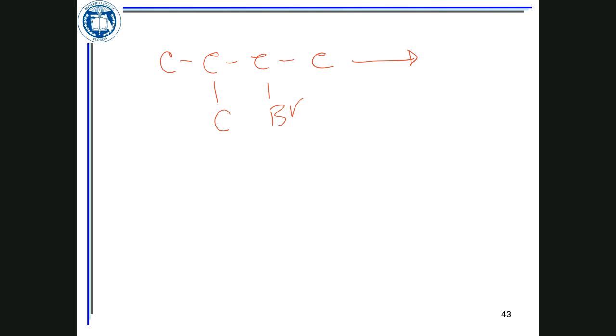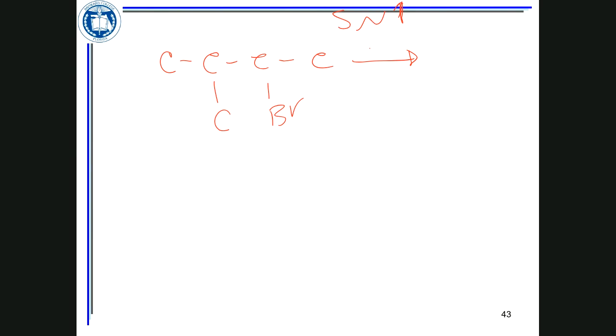For the Sn1 mechanism in this reaction, what's going to happen first? You tell me, what's going to happen first for the Sn1 mechanism? Very good.